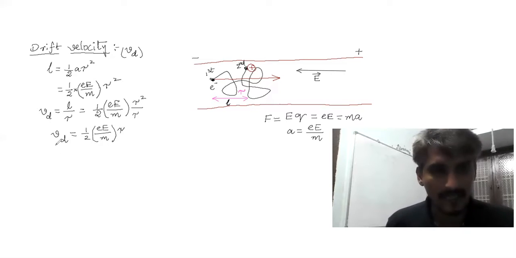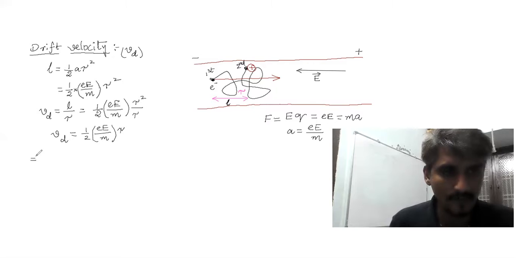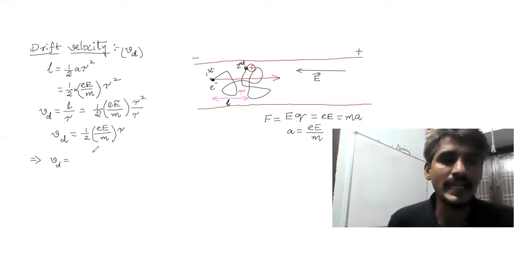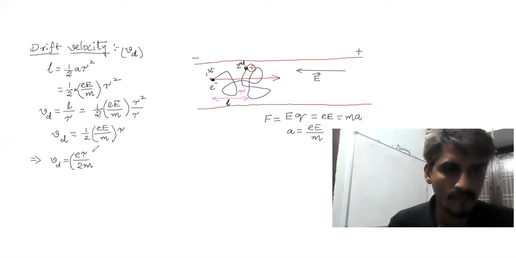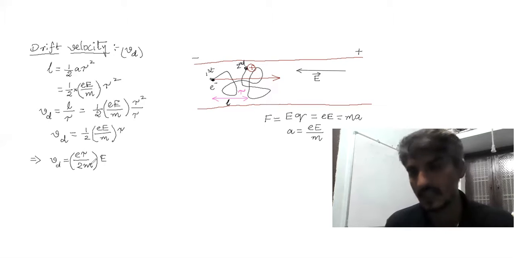Now let us write this in a proper manner so that you can understand. Vd is equal to E tau by 2m into E. Why am I writing like this? Because the small e is constant.